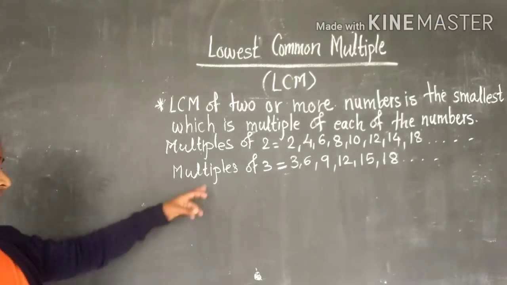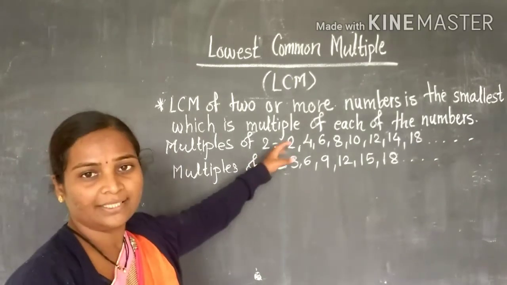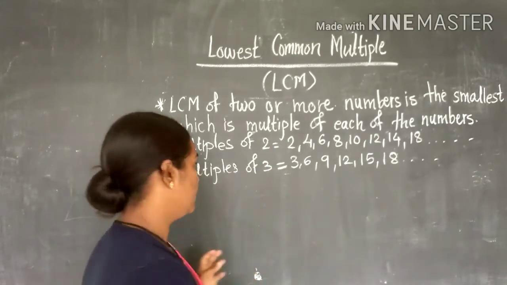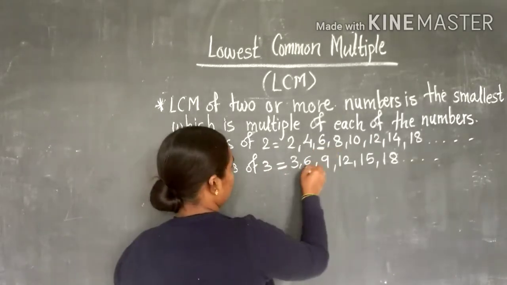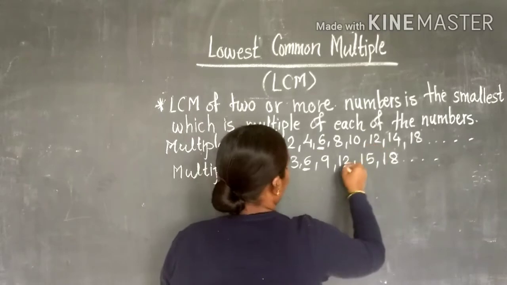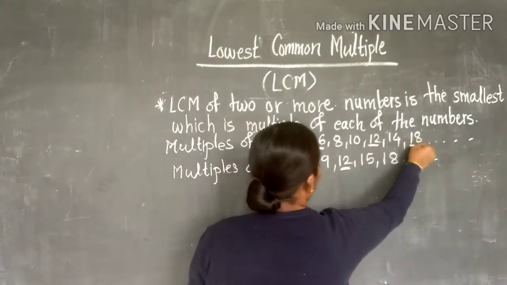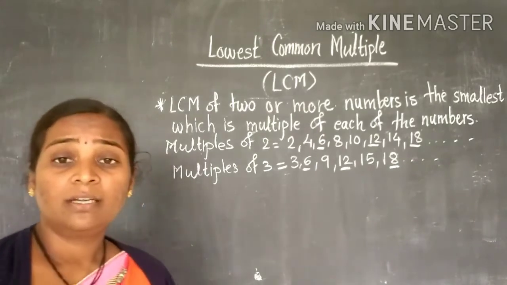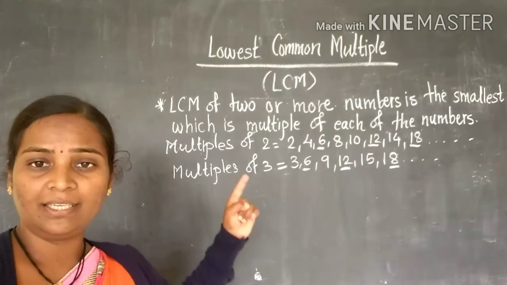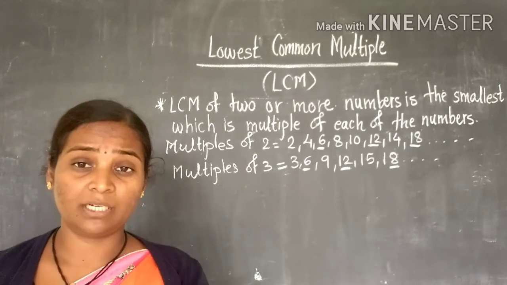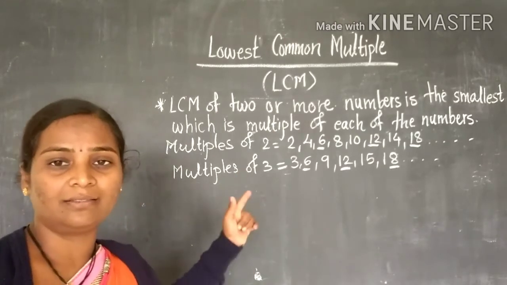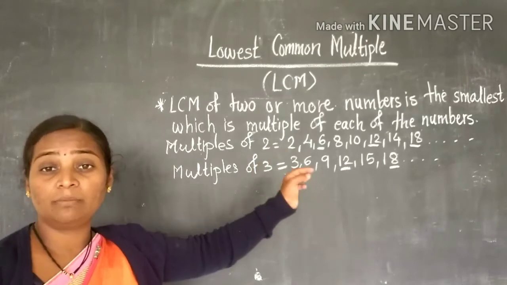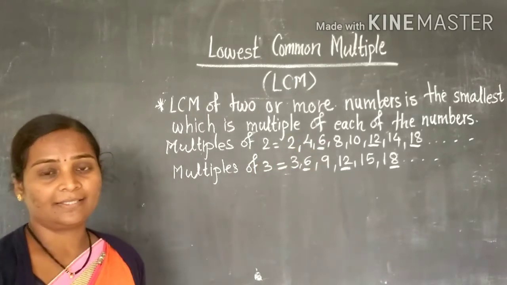From the multiples of 2 and 3, we have to take out the common multiples. Which are common? 6, then 12, 18. So these are the common multiples. Among them, 6 is the smallest common multiple of 2 and 3.